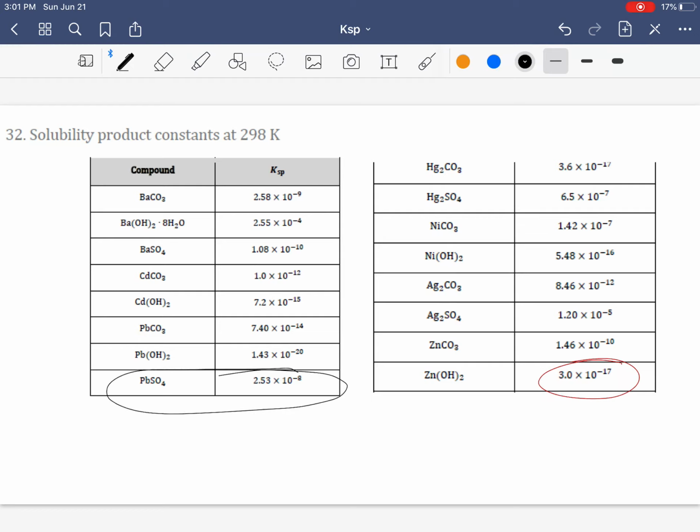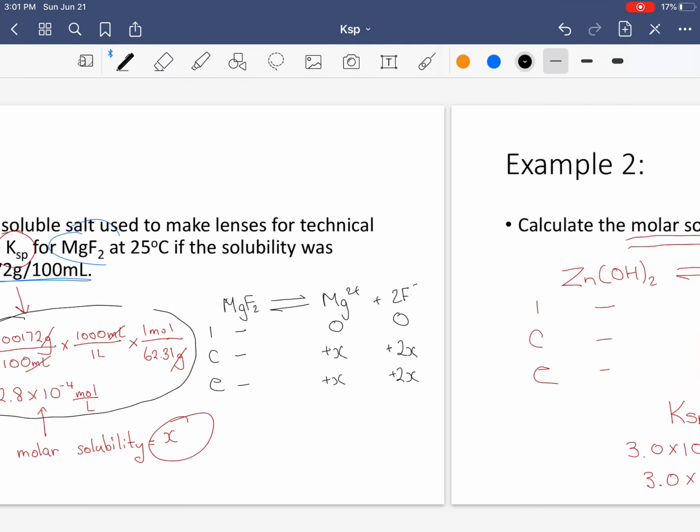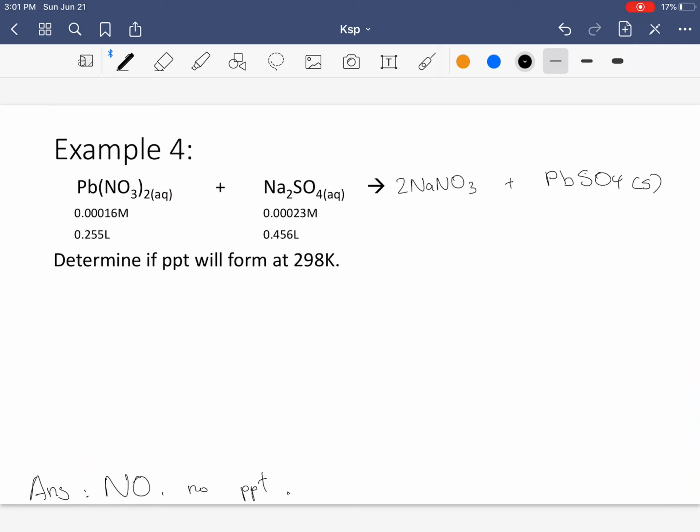You need this number, because you're going to compare your Q with this number to determine if you're going to get precipitate or not. And I'm going to tell you right now that your answer is no. And all you have to do is just do the math like I did in the question earlier and determine that factor. All right? So this is obviously something very different, very new, very fresh, and very useful.